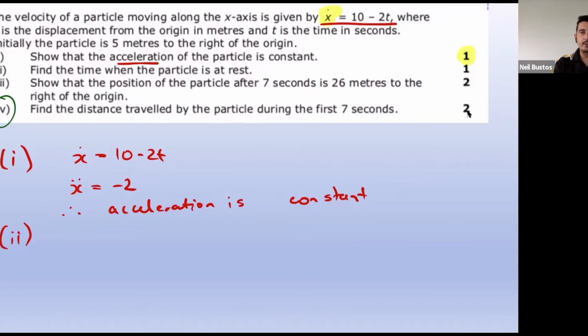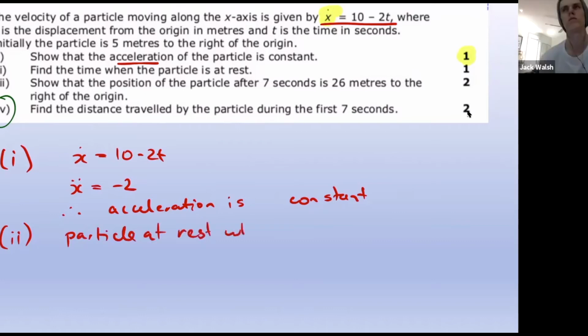So substitute V equals 0. I'm going to start doing that now. Same thing, isn't it?